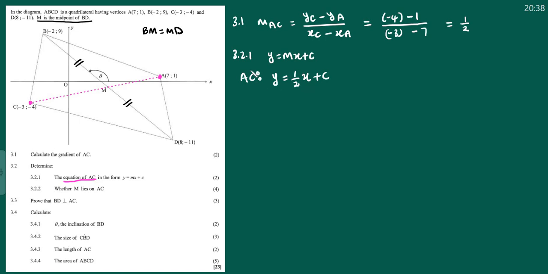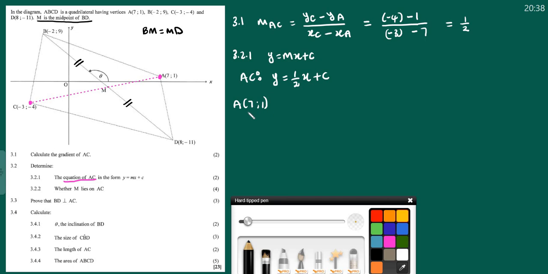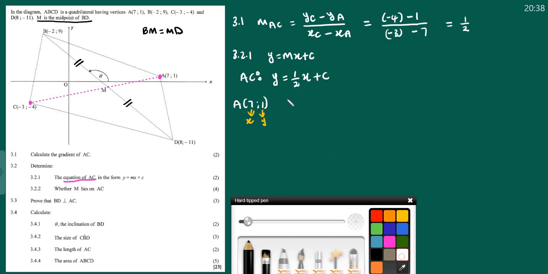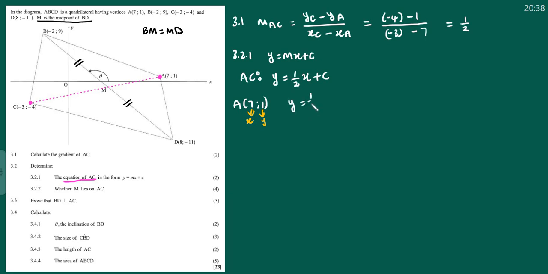Now how do we get c? Remember, to get c you can either substitute A into the equation or you can substitute C. So I'm going to choose A. Since A is (7; 1), that tells me that my x value is 7, my y value is 1. So y is equal to half x plus c, which means that 1 is going to be equal to half times 7, plus c. Then we can say 1 minus 7 over 2 will give us c.